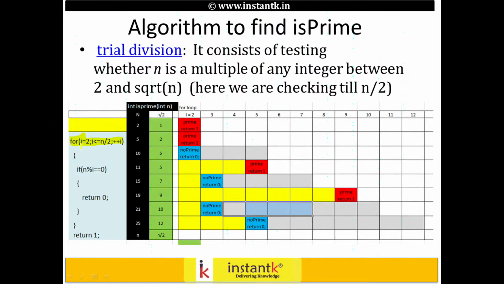We check if n modulo i is 0, which means i is a divisor. For example 6 modulo 2 gives 0. It is divisible. So we use the modulo operator to see if n is divisible by i or not.